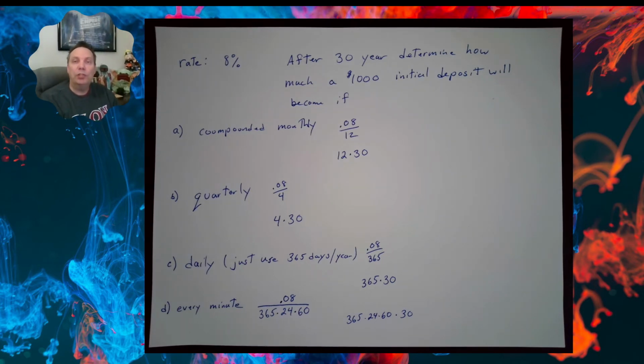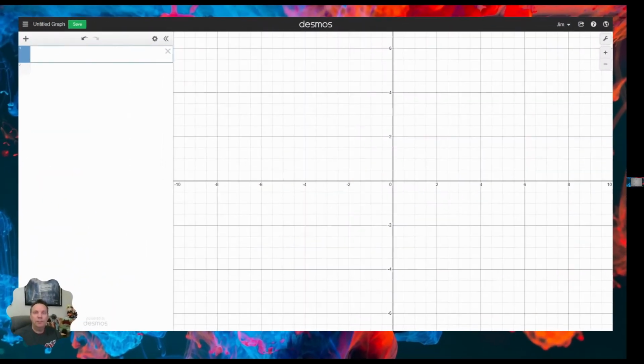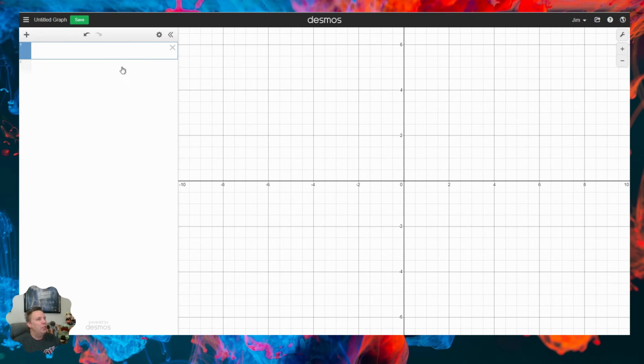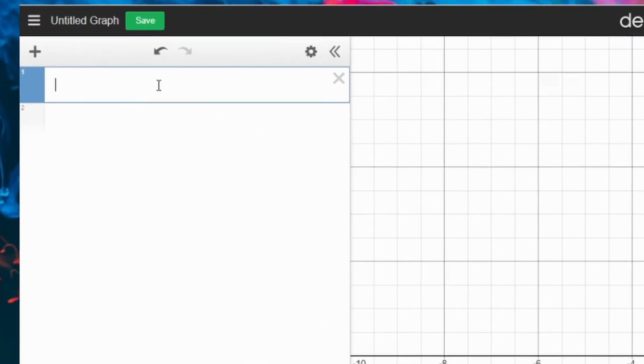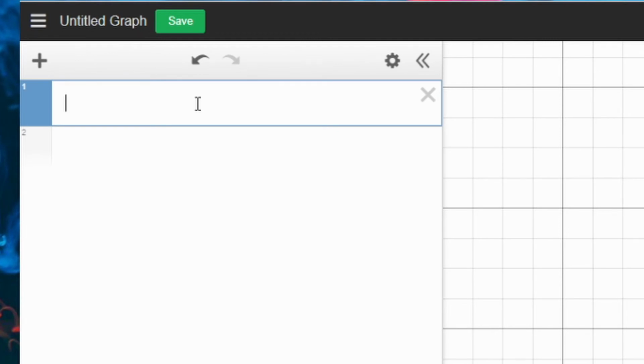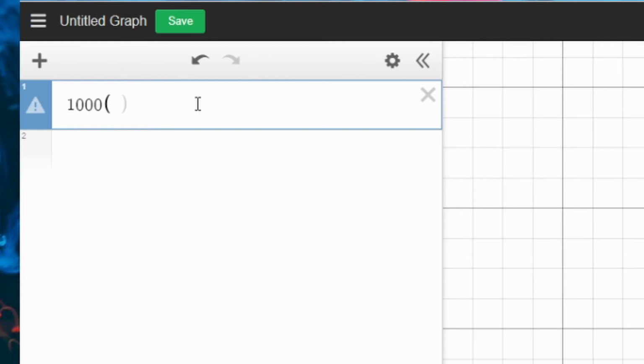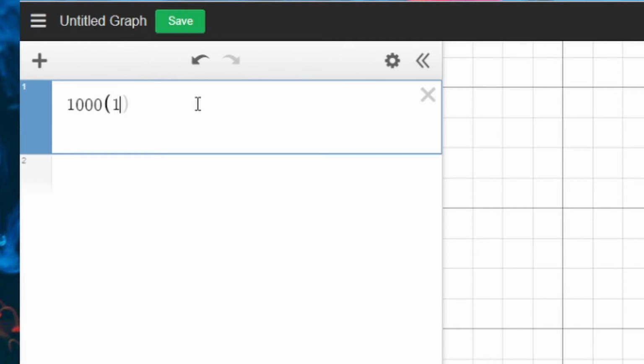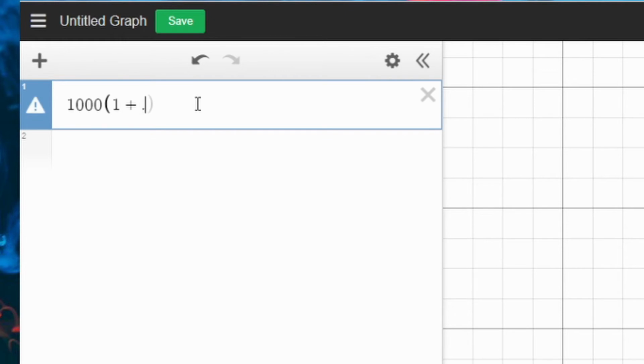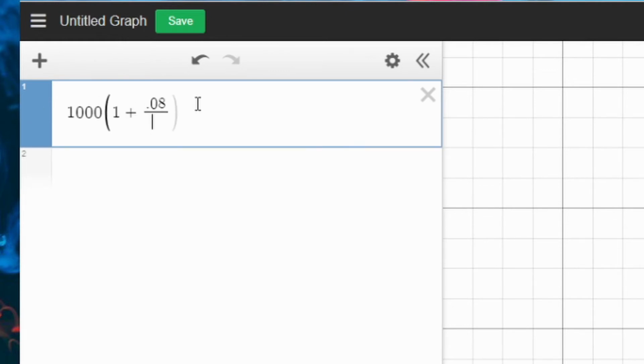Let's jump over to Desmos to do a few little calculations. So in Desmos, what I'm going to do is just use this as a straight calculator and not really as a graphing device. So I can type in 1,000, that's my initial amount, and I know since I'm dealing with compound monthly, it's going to be 1 plus 0.08 divided by 12.